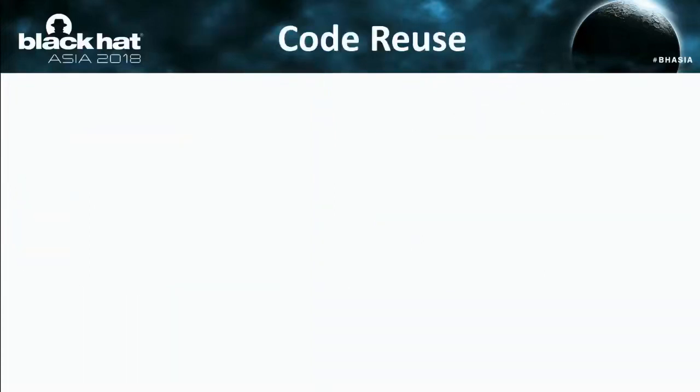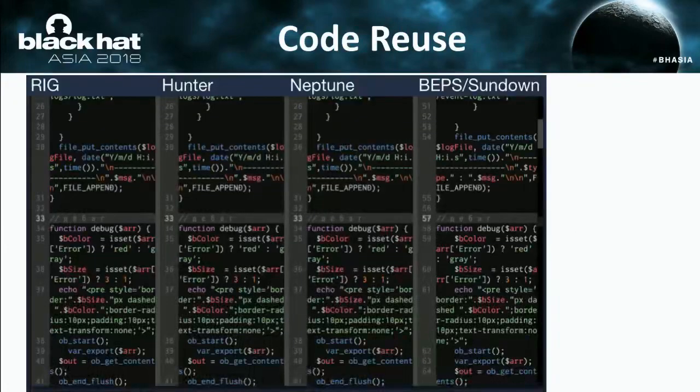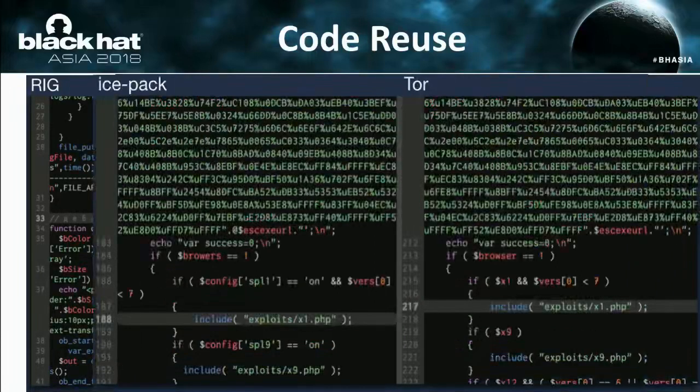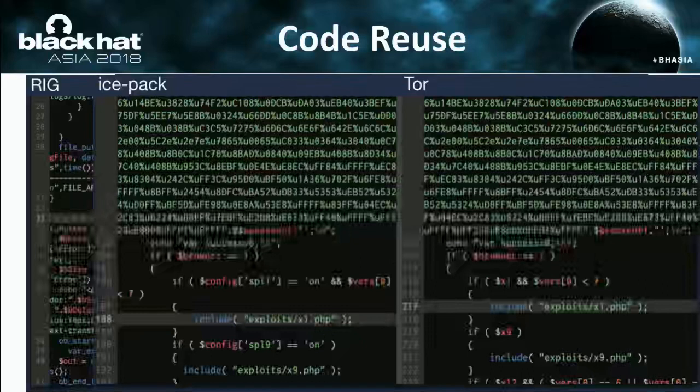Another point we found is the code reuse among different exploit kits. This is the same code between 4 different exploit kits, and this is between Demo Handler and Bleeding Life exploit kits. And this is the code reused between the IcePack and Tor exploit kits.